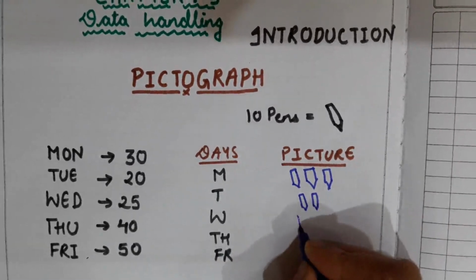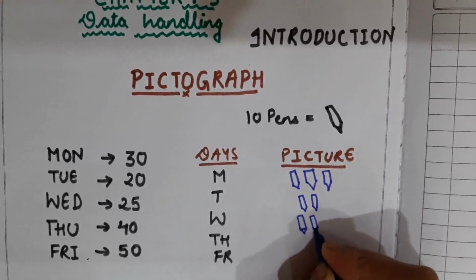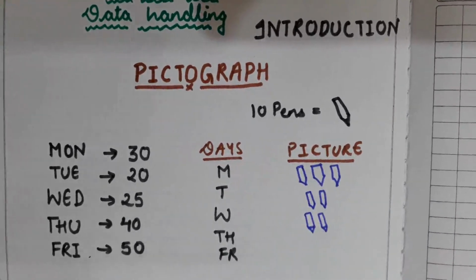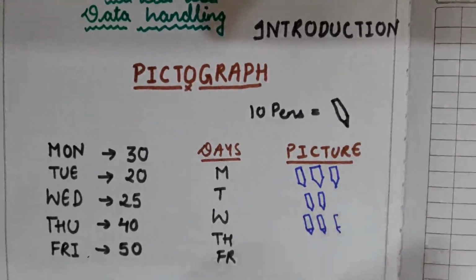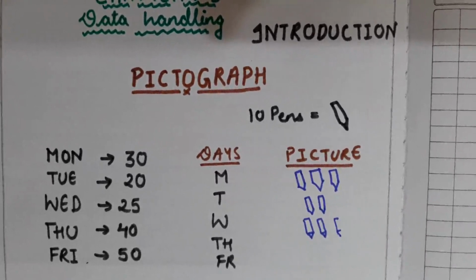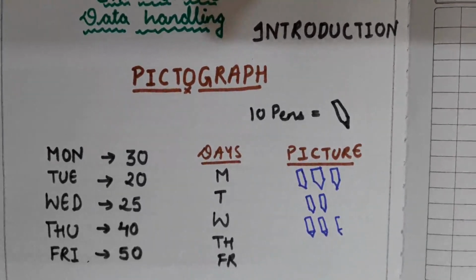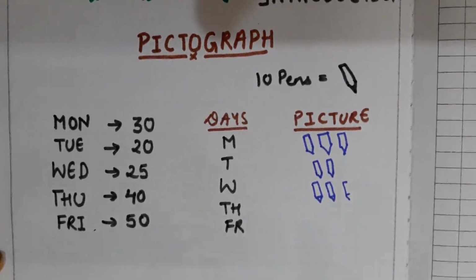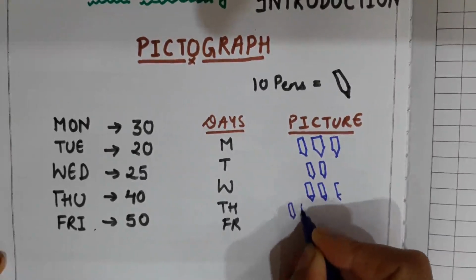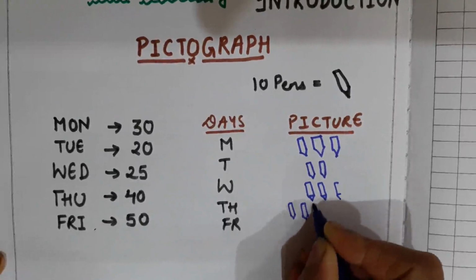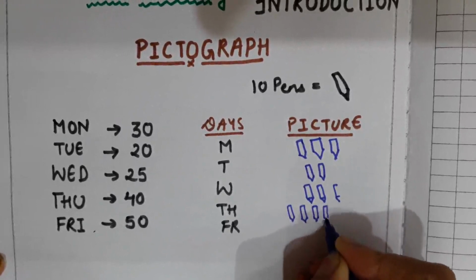Tuesday is 20, so make only 2 pens here. Wednesday is 25. Now this is your 20, and how can you make 5? You can make a half pen like this. So this will represent your 5 here. Thursday is having 40 pens, so you can make 4 pens here, because one pen represents 10 pens.